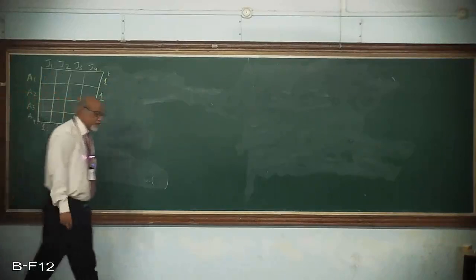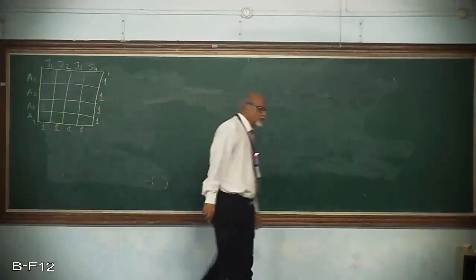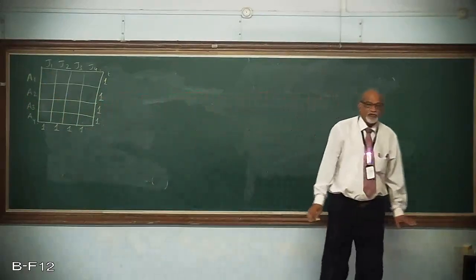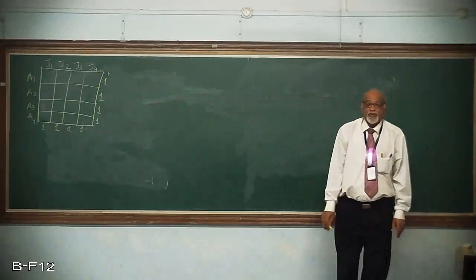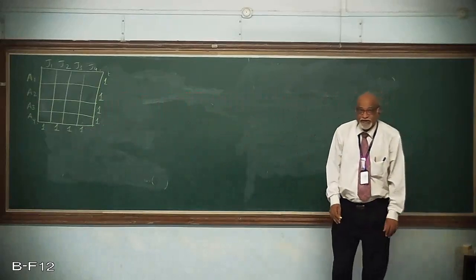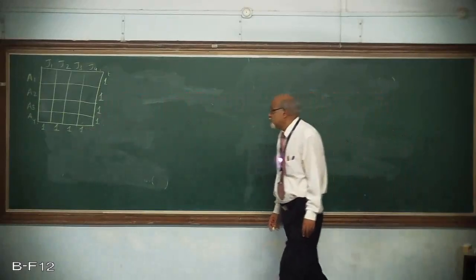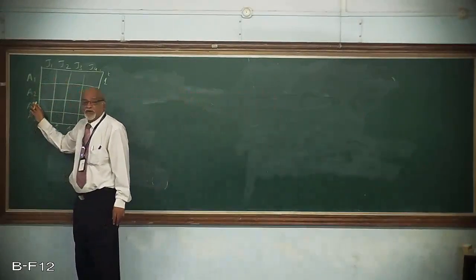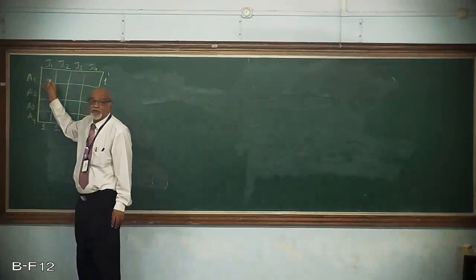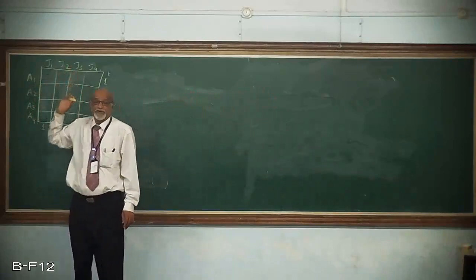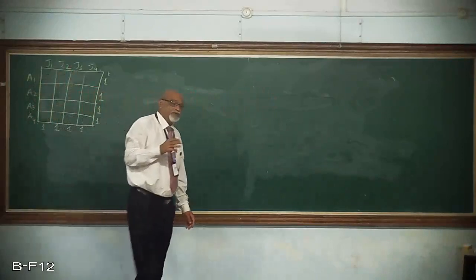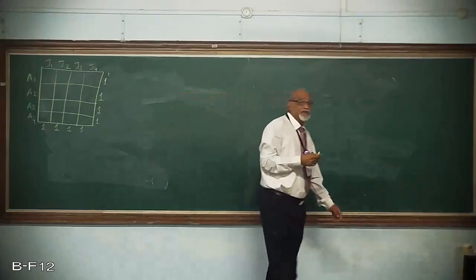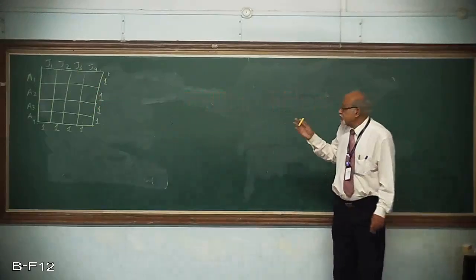That means necessarily the number of jobs should be equal to the number of people or facilities. These are the facilities. The number of facilities should be equal to the number of jobs, and the number of jobs should be equal to the number of facilities. That is what it means.